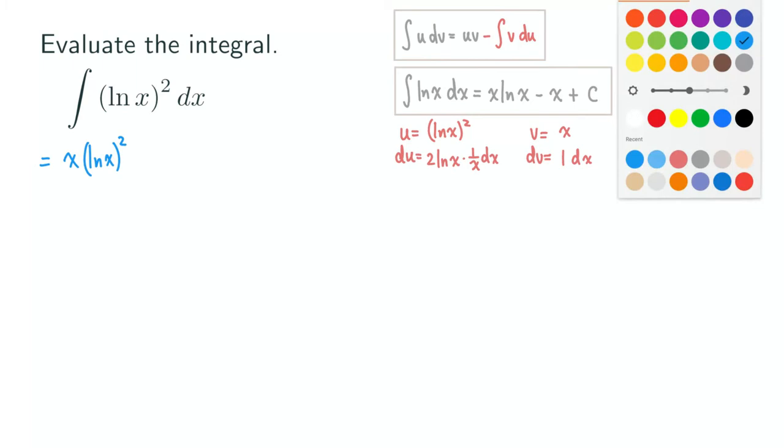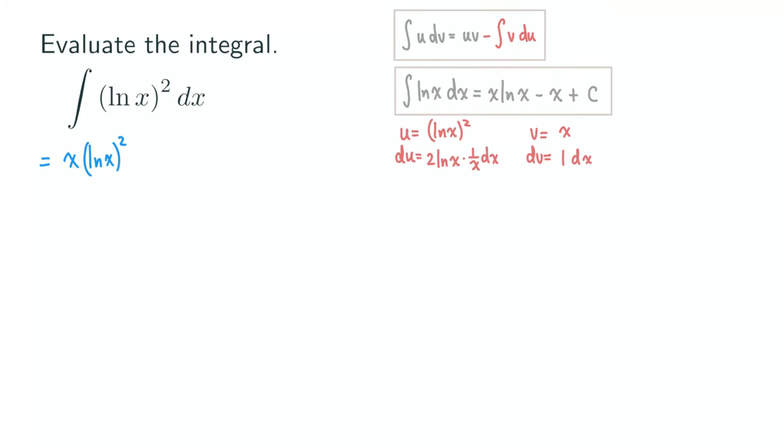The next step is to write down the integral of v du, with the minus sign in front. So we put the minus sign, and then now the integral. This one, I try not to clean up the expression while I'm substituting the expressions in there. So just leave it for now, and then we'll clean up the expression in the next step. So we have the integral, and the v is just x, so we put the x here.